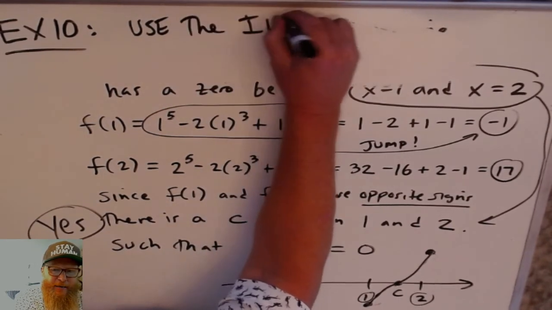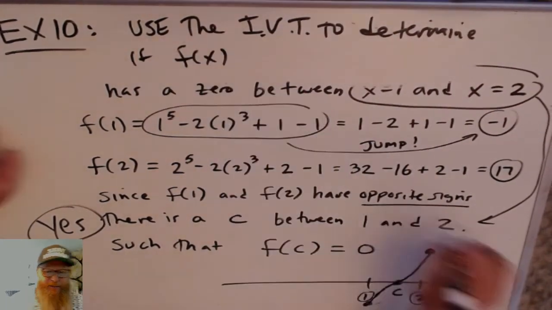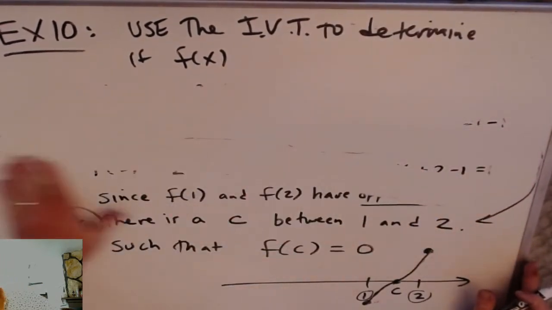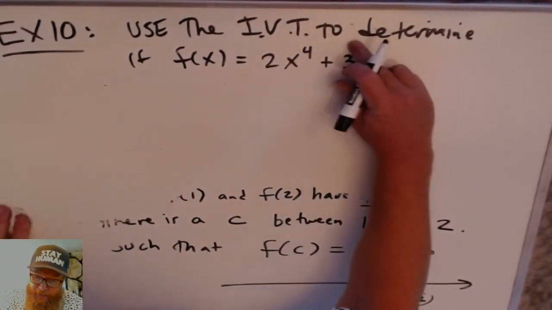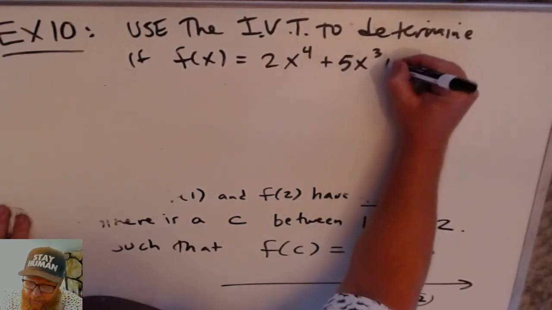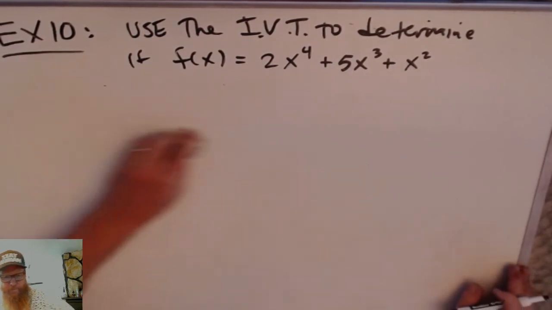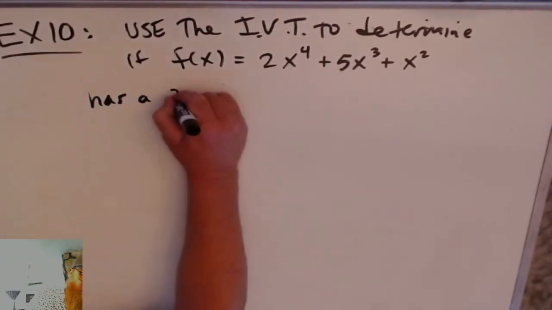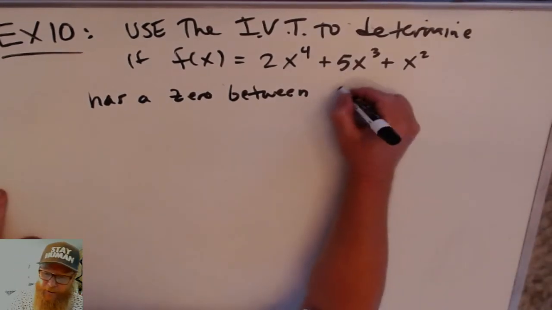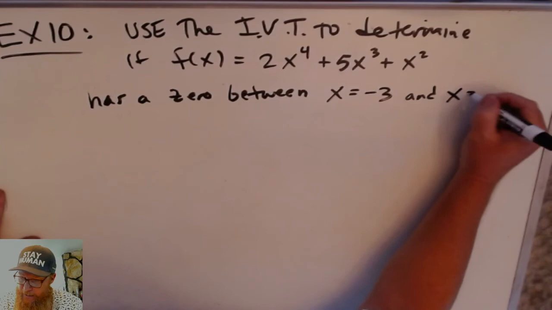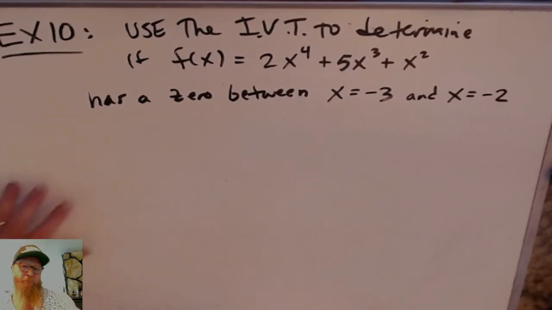Use the IVT to determine, I should have just said same question, if f of x equals 2x to the 4th plus 5x to the 3rd plus x squared has a 0 between, I don't know, x equals -3 and x equals -2. Yes or no?